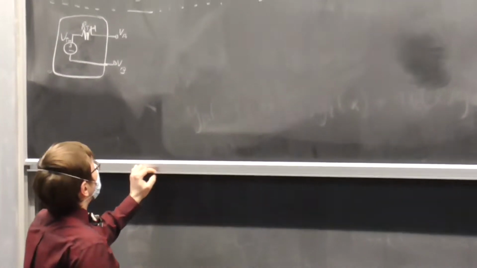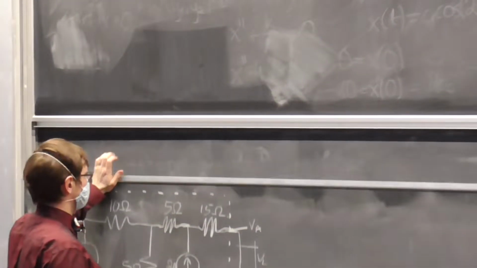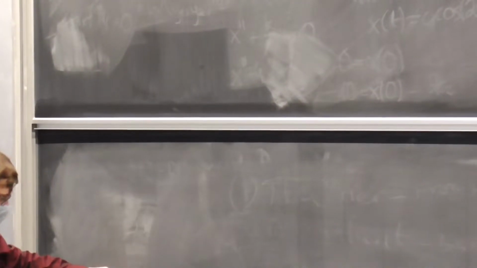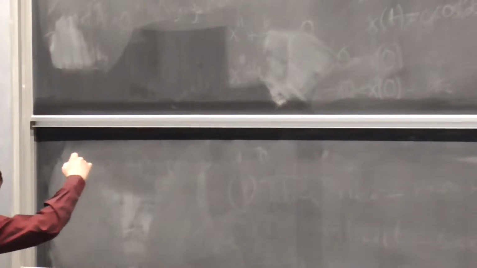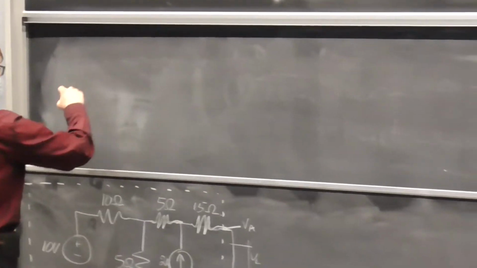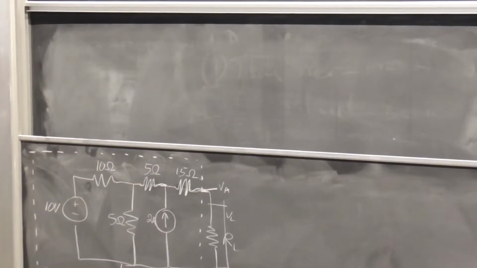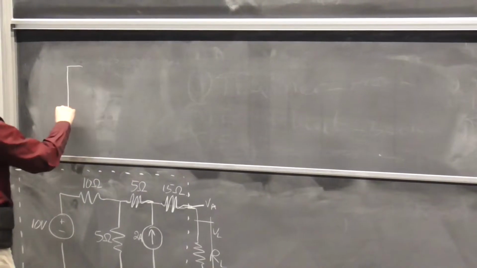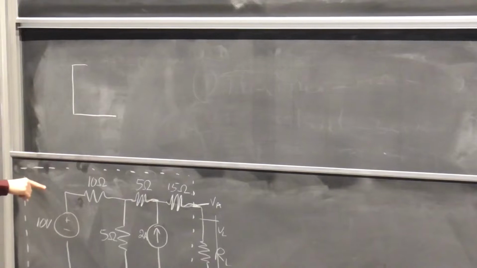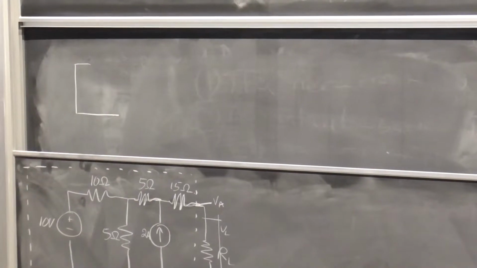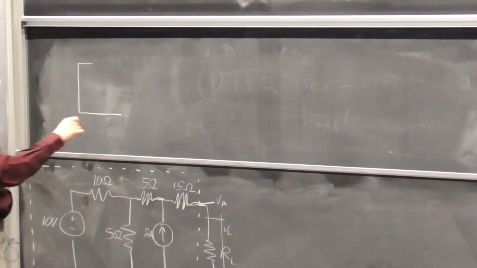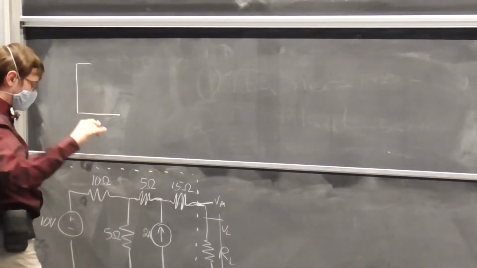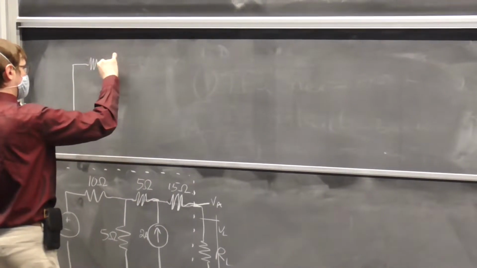That's the bottom one, actually. Voltage sources get rewritten as short circuits, i.e. just lines. Current sources get rewritten as open circuits, or broken lines, i.e. they just get left out, and you just leave all the resistors in.